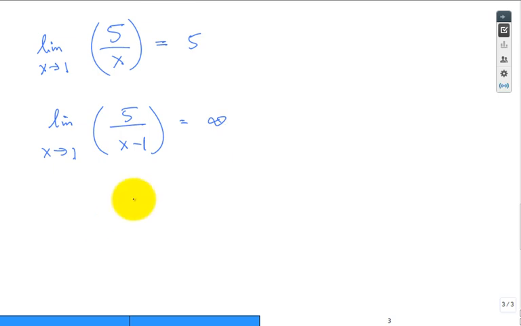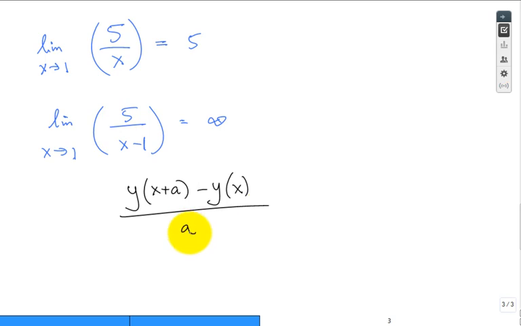Okay, let's do this one. Let's do y at x plus a minus y at x, divided by a. And we take the limit as a goes to 0.